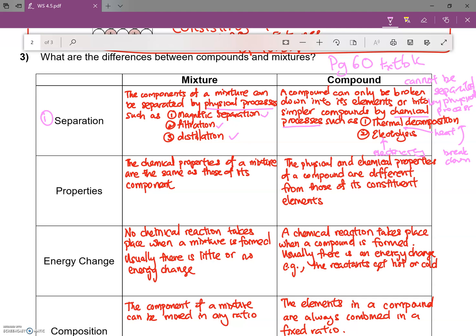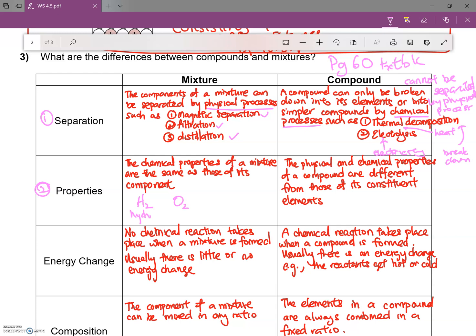Now, in terms of the properties, what are the differences? The chemical properties of a mixture are the same as those of its components. One simple example would be a mixture of hydrogen gas and oxygen gas.